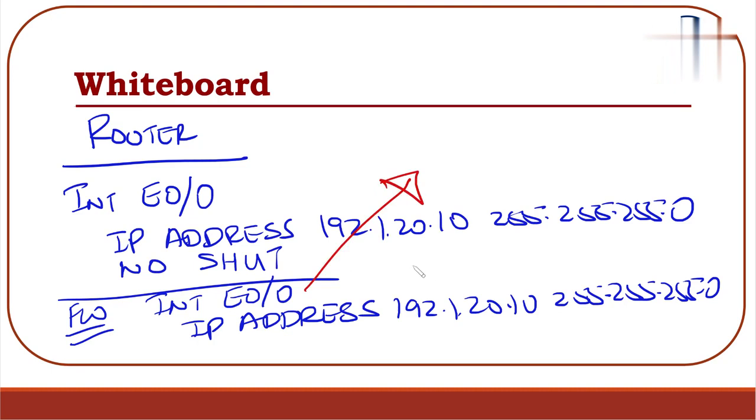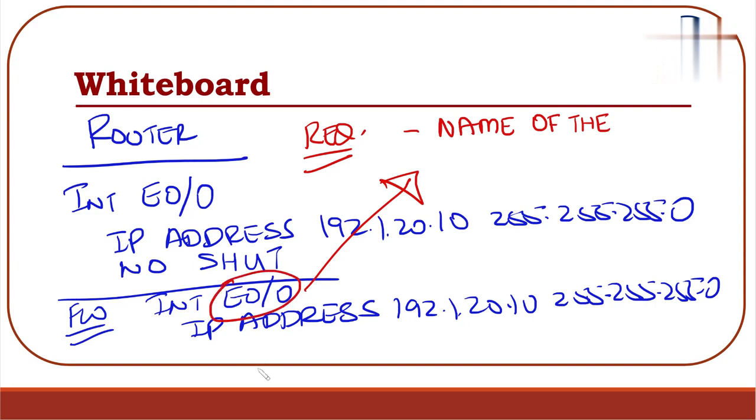These two components are required besides the IP address. Number one is the name of the interface. This name of the interface is what commands on the ASA firewall reference the interface with. They don't point to the interface using E0/0, they'll use the name of the interface to reference it.